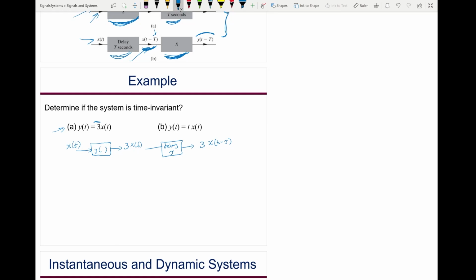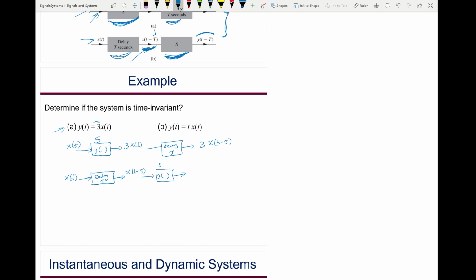Now let's delay the input first, then hit the system with this delayed input. So I'm going to take the same input x of t, but now I'm going to delay it. So the output will be just x of t minus tau. Now I will make this delayed input hit the system I am trying to test, which is this one.